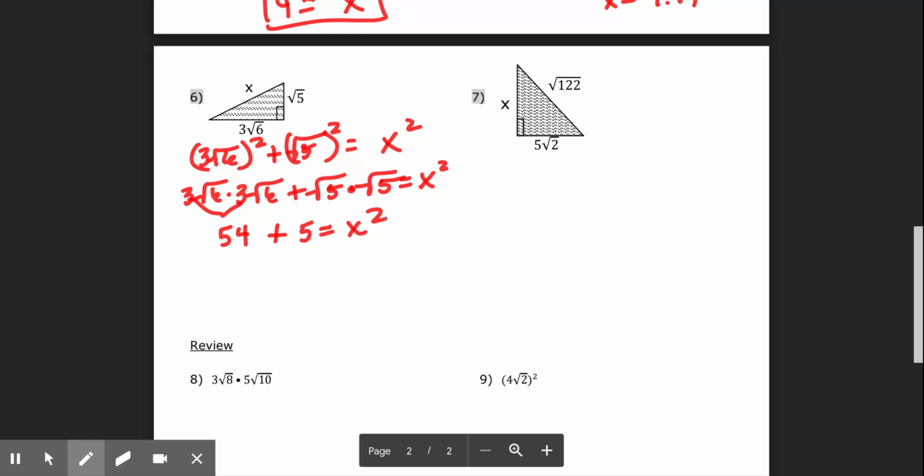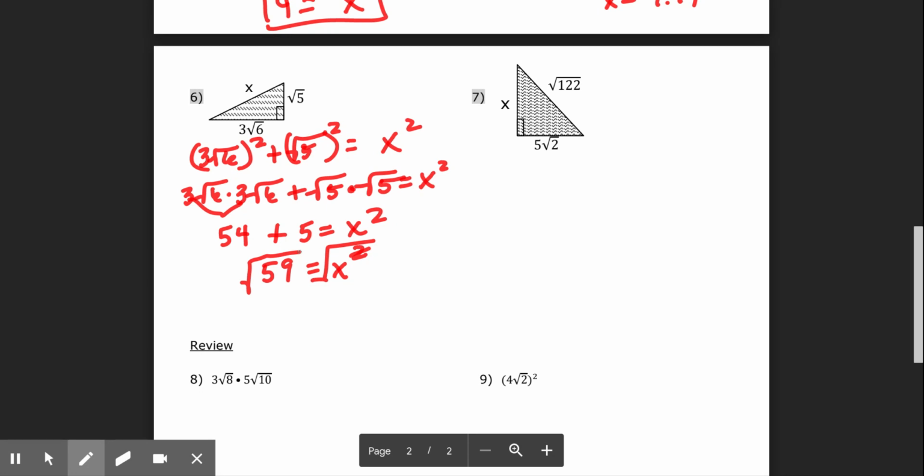So 54 plus 5 is 59. And you can leave it as that, or you can figure out that the square root of 59 is about 7.7, which it has to be more than 3 square roots of 5.